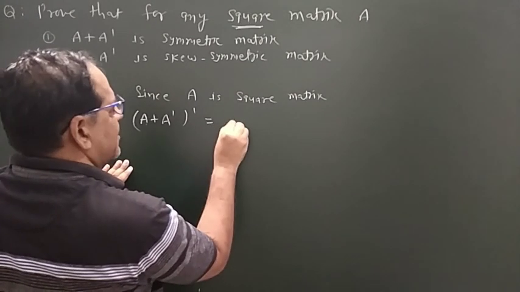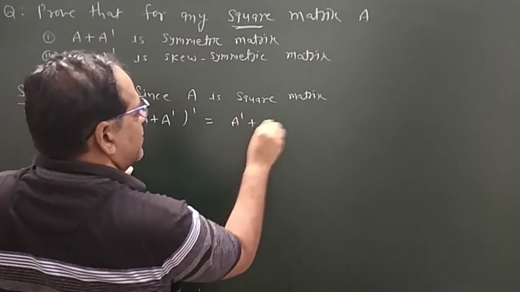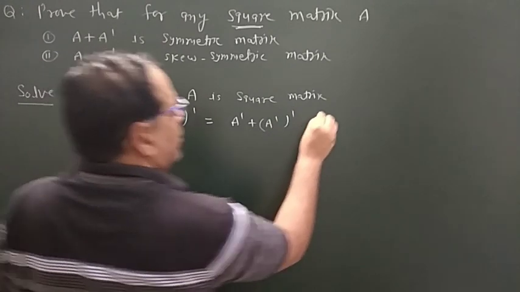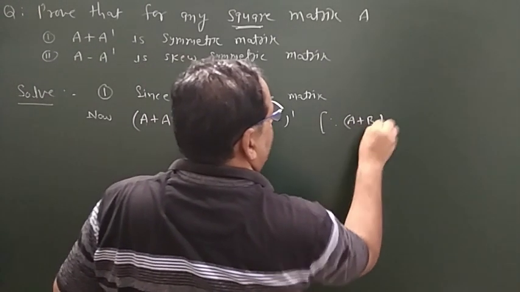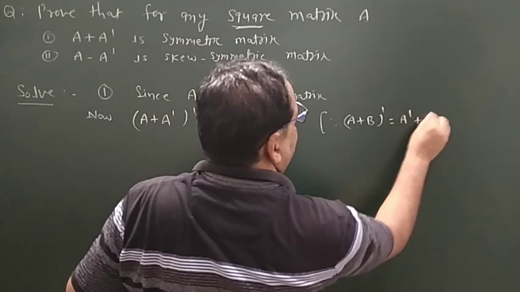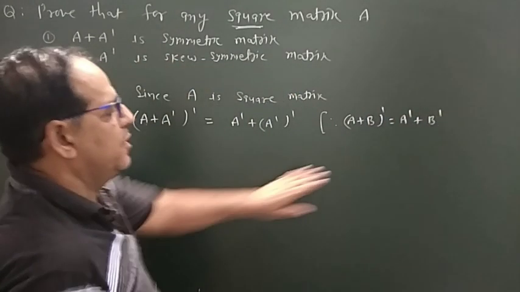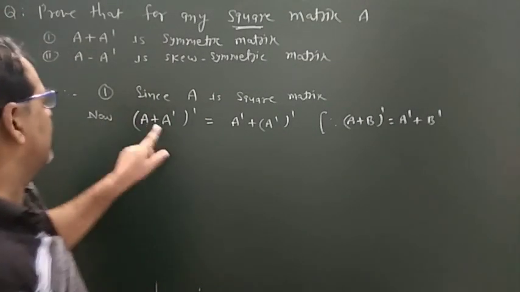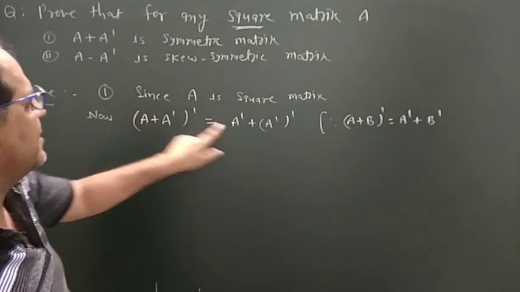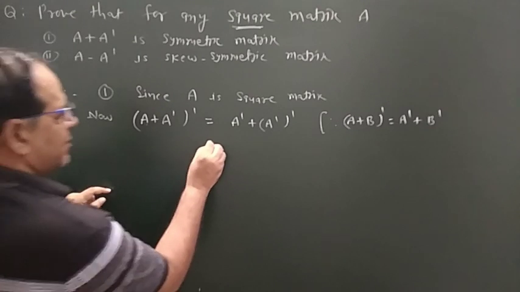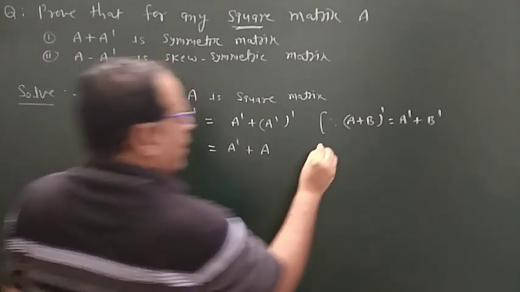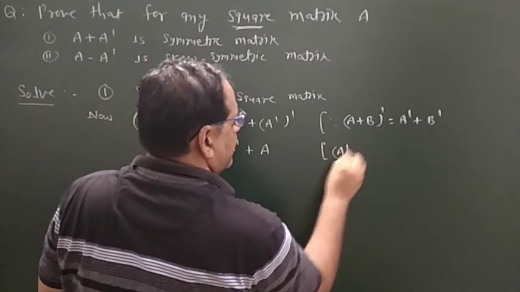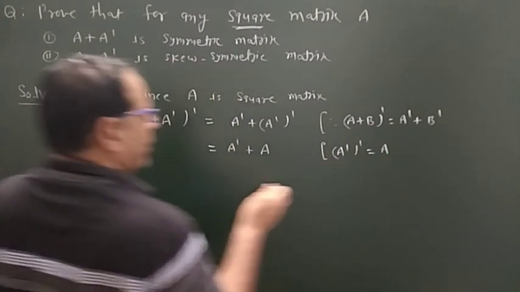This can be written as A transpose plus A transpose transpose, because A plus B whole transpose equals A transpose plus B transpose. This is the property of transpose of a matrix. So A plus B whole dash equals A dash plus B dash. This can be written as A dash plus A, since A transpose transpose equals A.